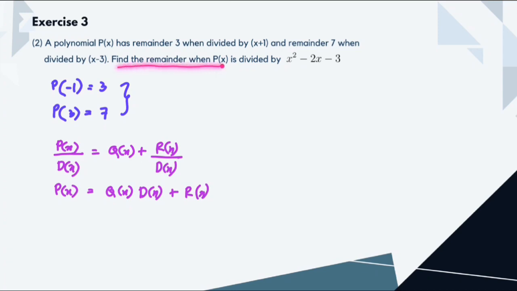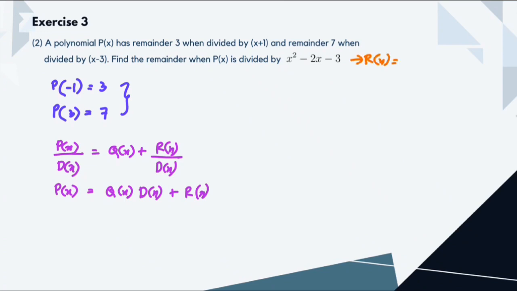Find the remainder when p(x) is divided by this quadratic divisor. As I mentioned in the previous video starting from subtopic 3.2, when the divisor is quadratic, the remainder should be linear.